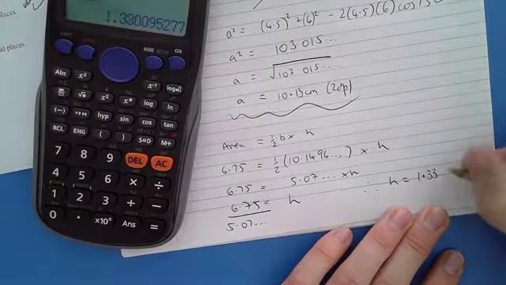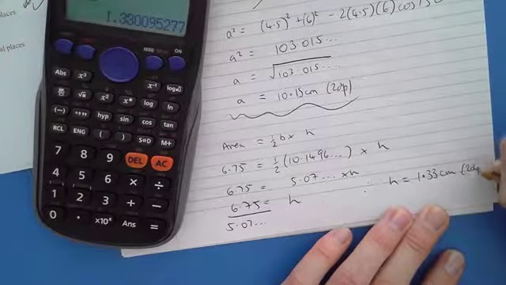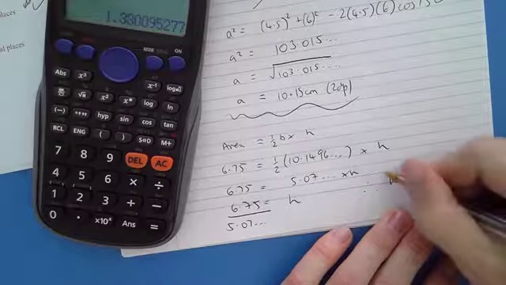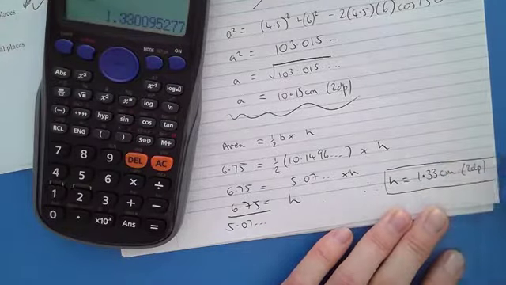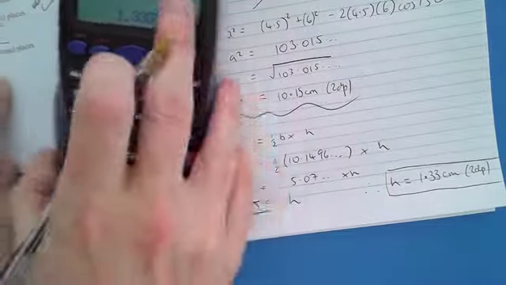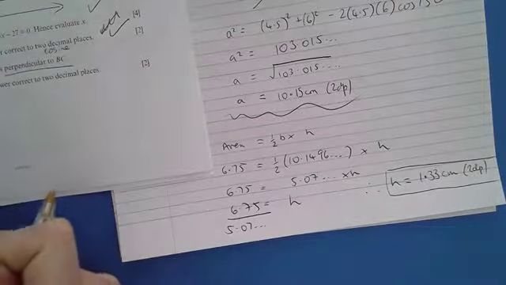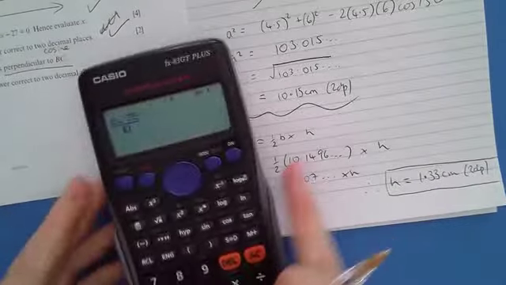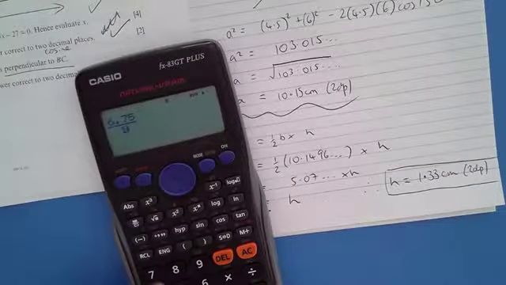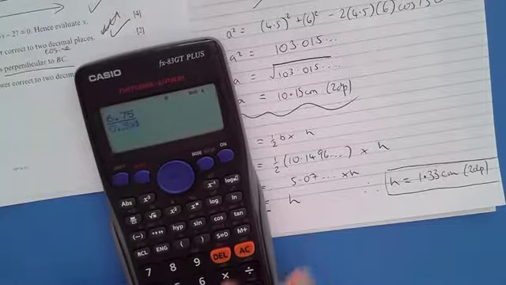Why have I gone to 2 decimal places there then? Any idea? I just said 1, didn't I, a second ago? I did for the area, and also actually in hindsight, reading the question, it says it wants it to 2 decimal places as well. Okay, but I tend to just do what they've used throughout the question if they said that. If you said it was 1.5, would you say that? It probably wouldn't make a huge difference in all honesty. Let's have a look. So if we put in a half, 0.5 times 10.15.